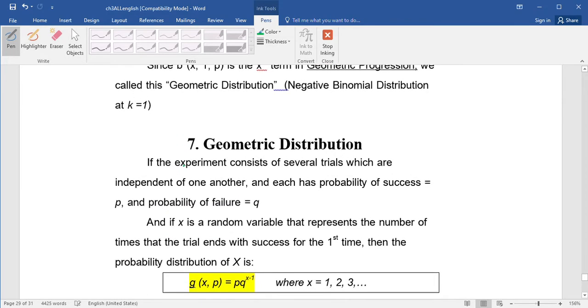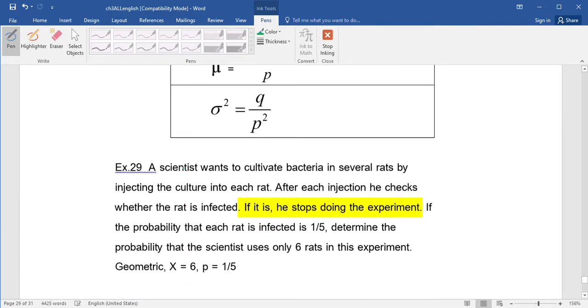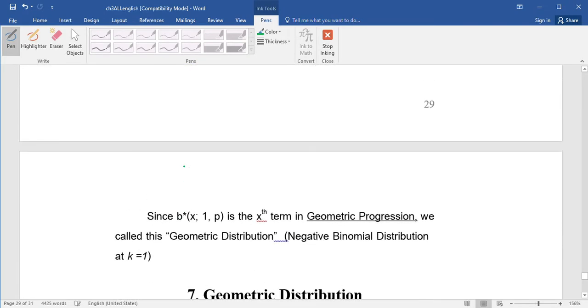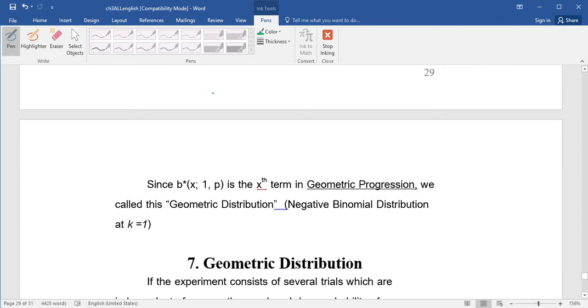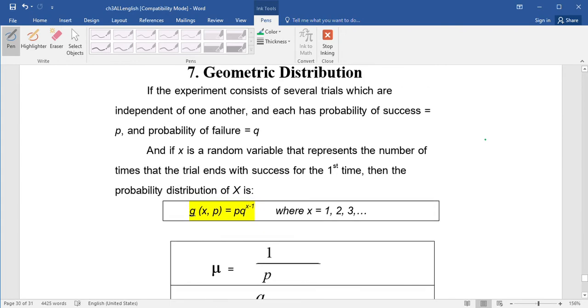Now, the last type of distribution is called geometric distribution. No, almost the last one. Geometric distribution is negative binomial distribution with k equals 1. If X is a random variable that represents the number of times the trials end with success for the first time, then the probability distribution follows the geometric distribution.